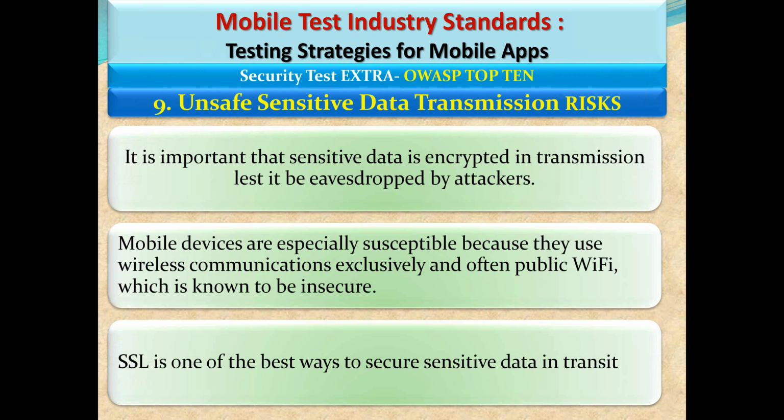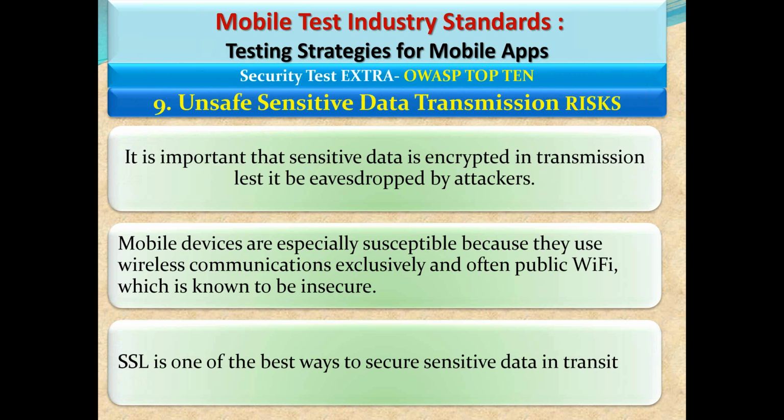Then we have, of course, unsafe sensitive data transmission. It is important that sensitive data is encrypted in transmission so the attackers would not be able to eavesdrop. And you have to understand that mobile devices are especially susceptible because they use wireless communication exclusively.